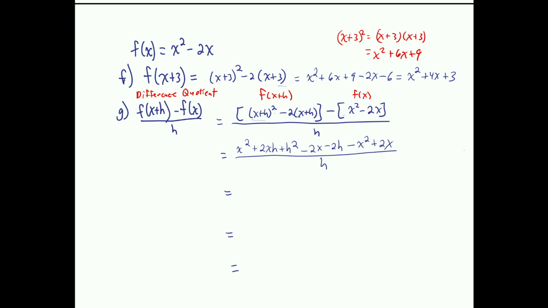Now, if you've done everything correctly when you're working a quadratic like this, you will see terms cancel. The x squareds will cancel, the 2x's will cancel. And you'll notice what you have left is 2xh plus h squared minus 2h. All of those have an h in common, which we can pull out.